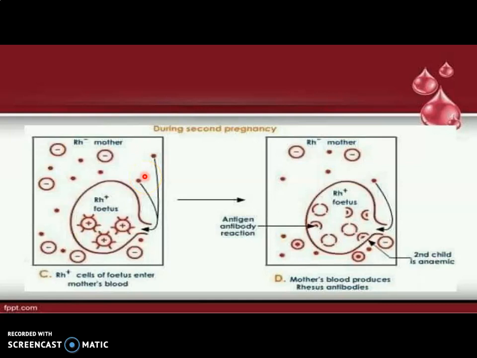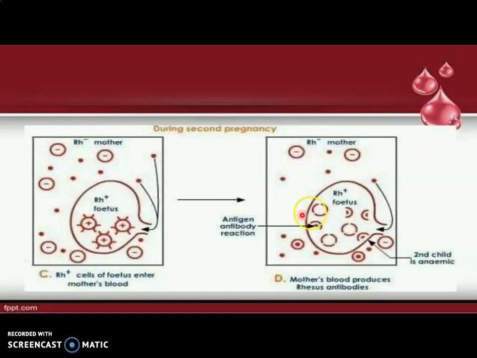During pregnancy, this is the mother's womb. The mother is Rhesus negative, and the baby inherited Rhesus positive from the father. What will happen? You will see that this one is Rhesus negative and this one is Rhesus positive. When the child has detached itself from the mother, it has developed its own circulatory system.